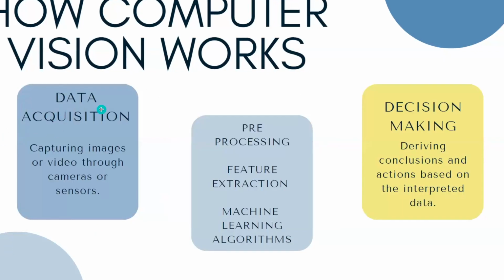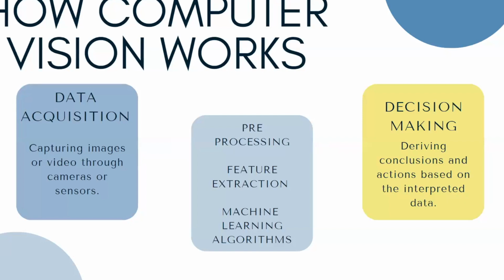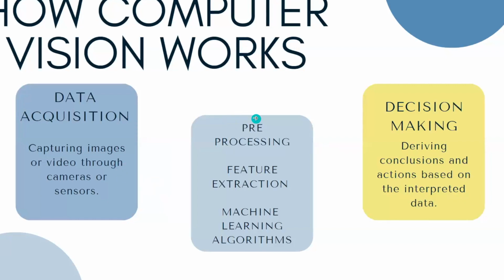Now to break it into steps, first we need data acquisition, so capturing the images or the video, because at the end of the day, video is just a sequence of many images, through the different cameras or sensors. After we acquire the data, as I mentioned, it goes through pre-processing.